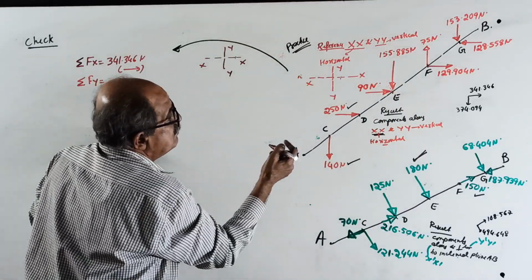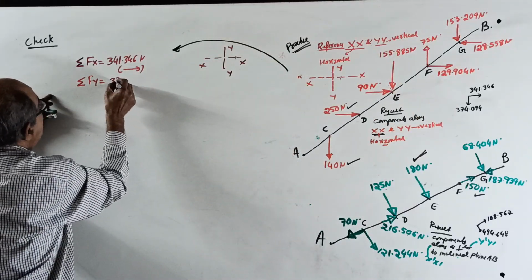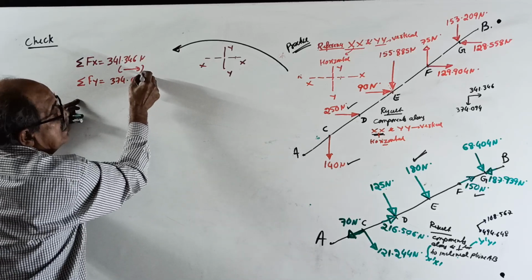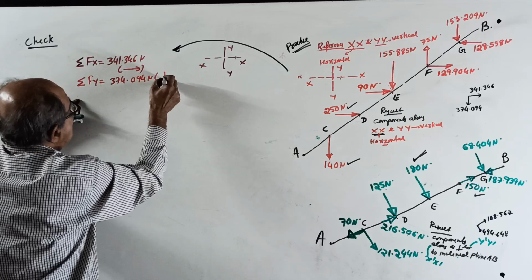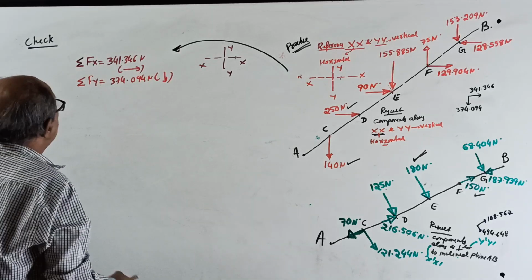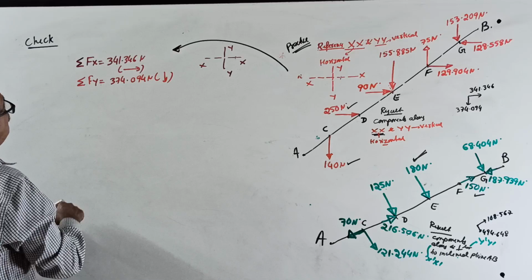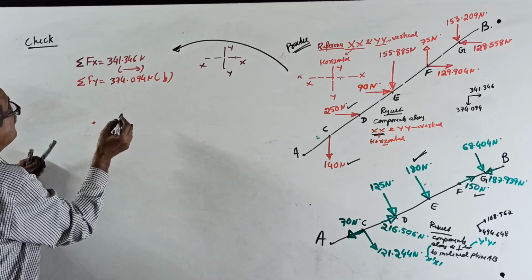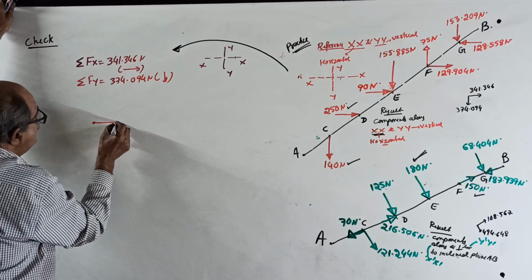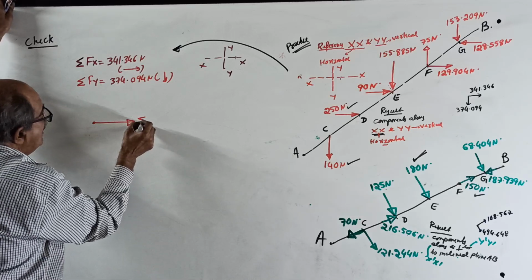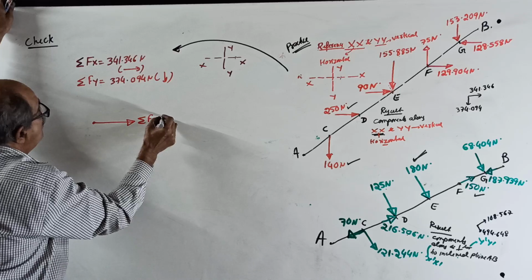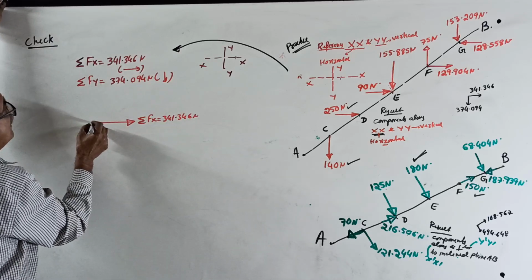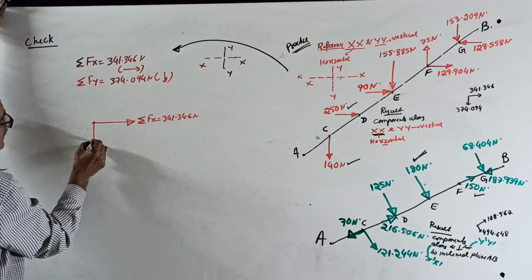Sigma Fy will come 374.094 Newton down. This is the check, those who want can do it. If you mark any point where the line of action passes, don't worry about line of action. One force this way, sigma Fx equal to 341.346 Newton, and sigma Fy is down.